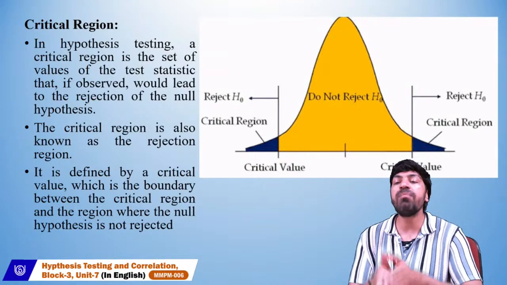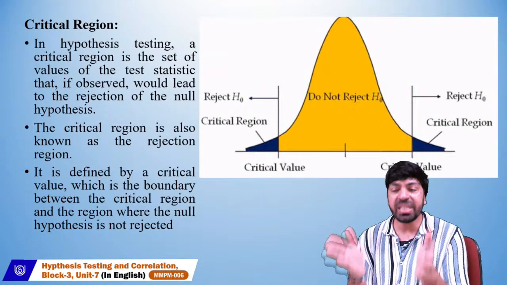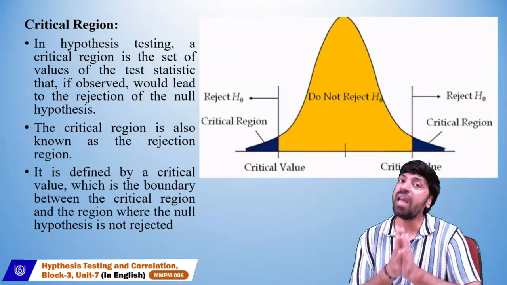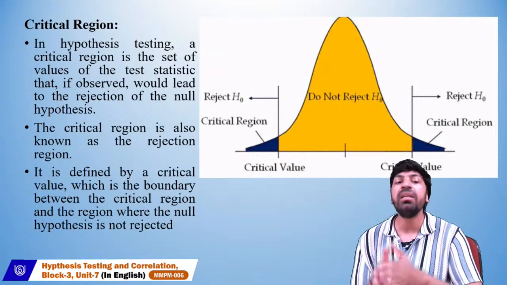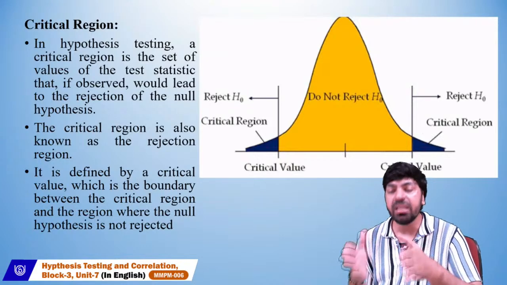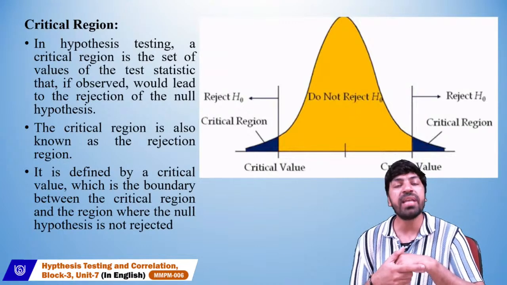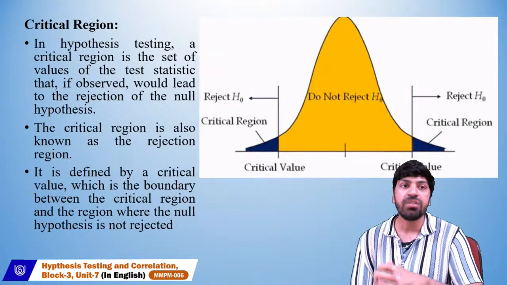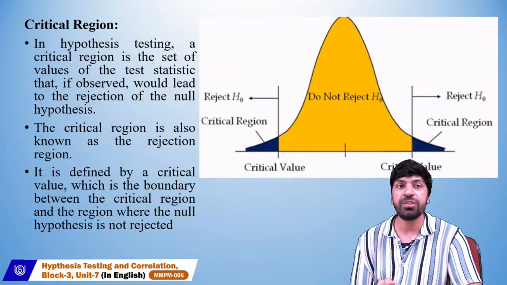So it's all about the boundary lines, where the yellow area shows that the null hypothesis will not be rejected. This is the exact meaning of the critical region.